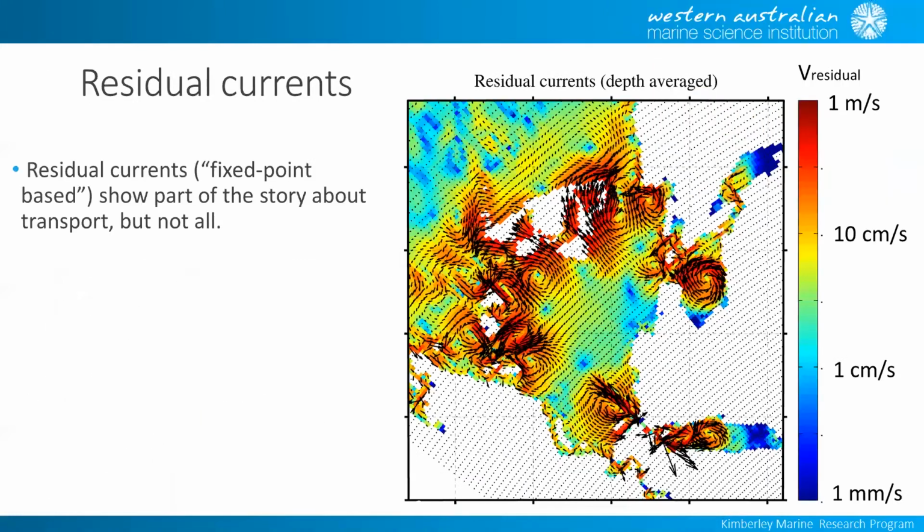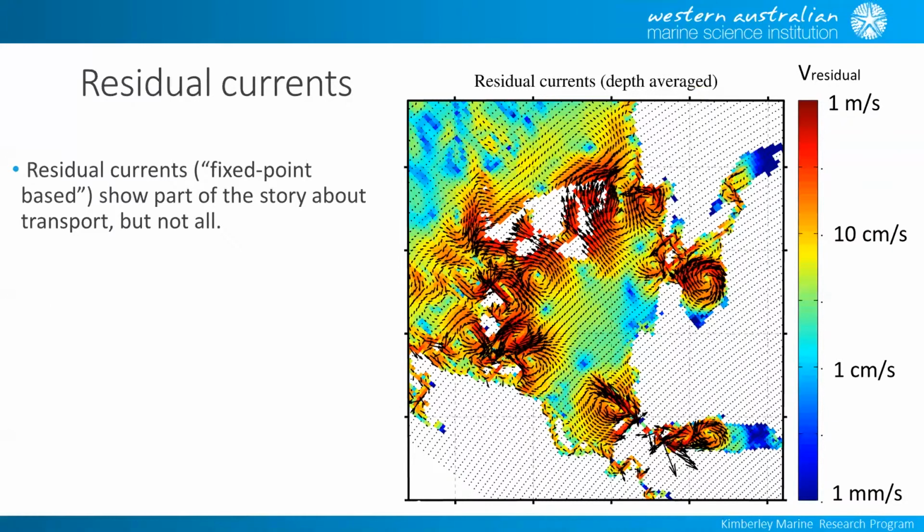From those sorts of tests, you can get a sense of how the system operates, and then you can use the model with some confidence, based on those comparisons of individual moorings and ship-based observations. You can start to look at the model performance on the scale of the whole Collier Bay, and this is just a reminder of the complexity of the system here.